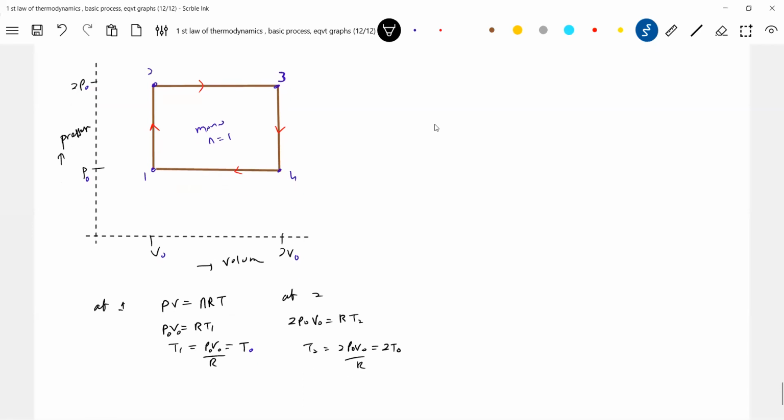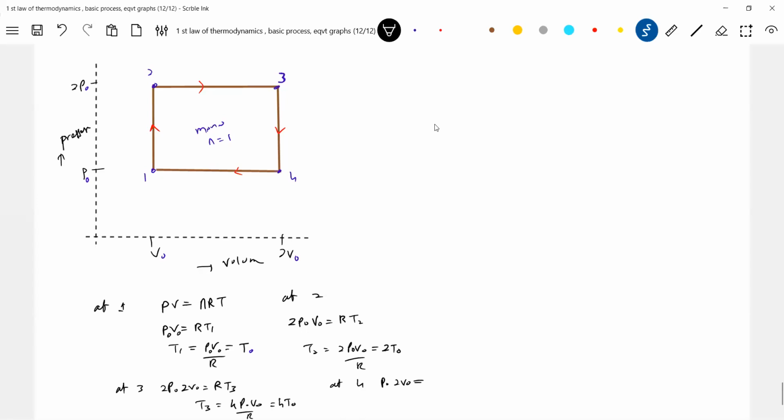At 3, pressure is 2P naught, volume is 2V naught, so RT3. T3 equals 4P naught V naught by R, therefore this should be 4T naught. At 4, pressure is P naught, volume V naught, so RT4 is 2P naught V naught by R.